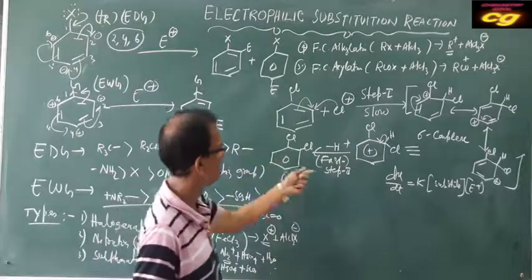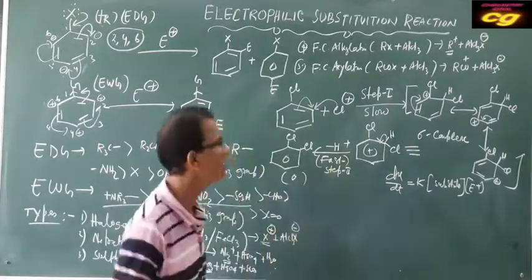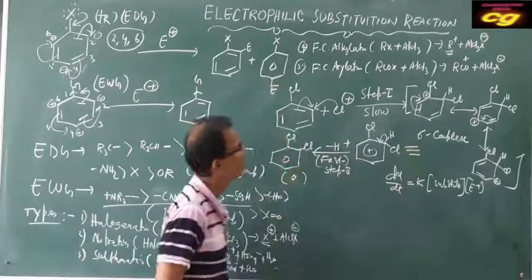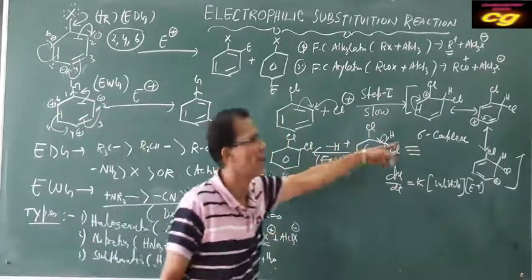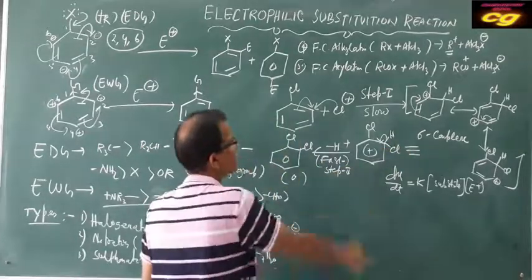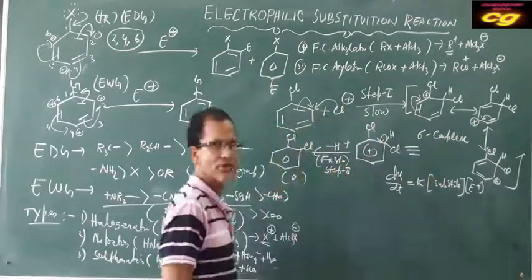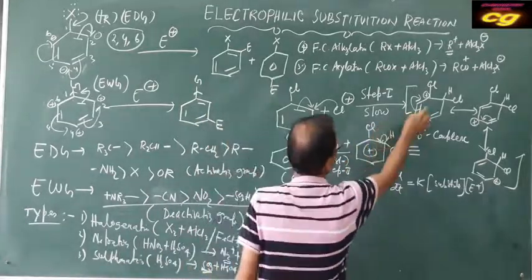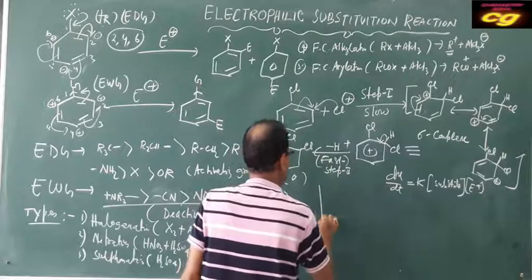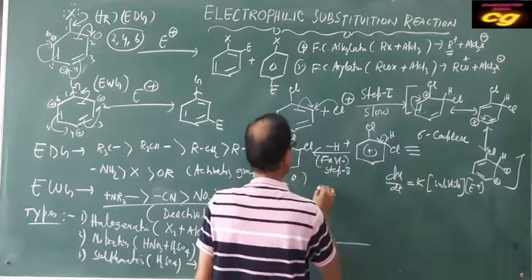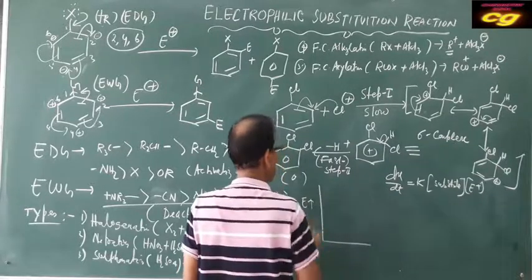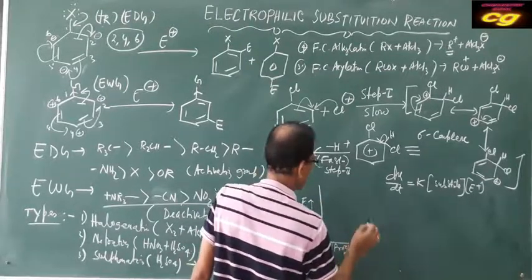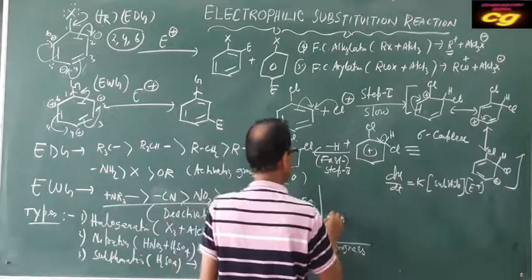But the second step is the fast step, not the rate determining step, and it proceeds from the sigma bonded complex. That is, we can say it is a transition step. So what is the mechanism here? If you draw a diagram, this is your energy and this is the progress of reaction.